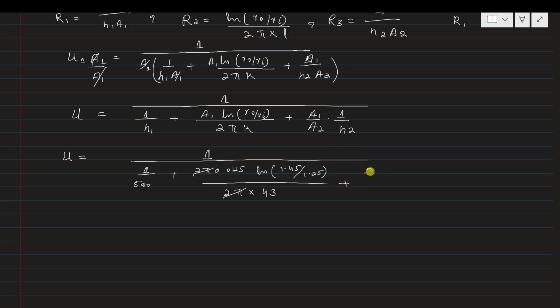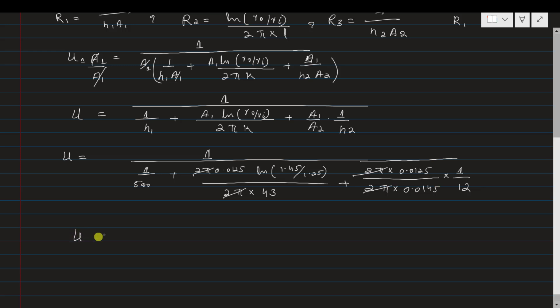A1, that is 2 pi multiplied by 0.0125, divided by A2, that is 2 pi multiplied by 0.0145, multiplied by 1 divided by H2, and that is 12. So this 2 pi will be cancelled with this 2 pi.